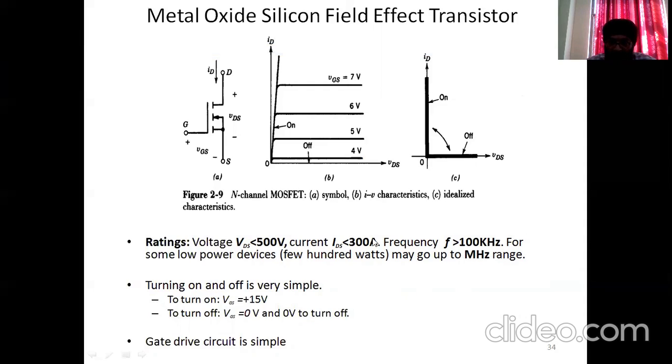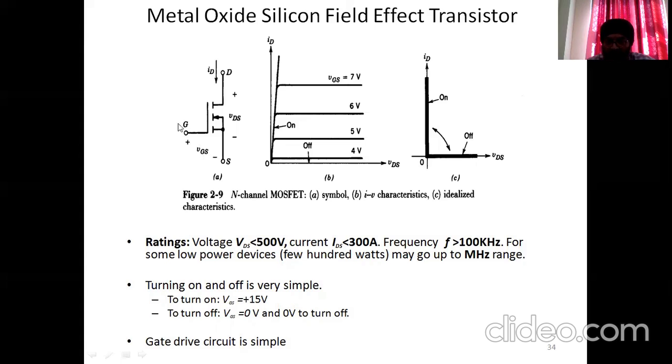Since they are fully controllable devices, the turning on and off is simple. For turning on, the VGS, gate source, we can apply 15 volts or 5 volts depending upon our requirement, the application or voltage rating. So we just apply a gate signal with the voltage source VGS connected. And to turn off, we can remove this VGS and the device will be turned off.